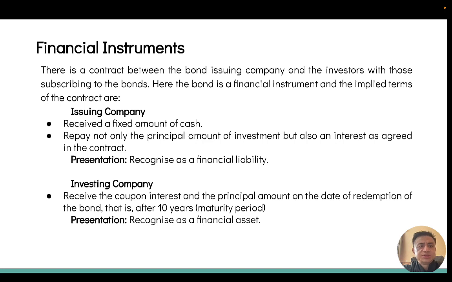What are the conditions of the contract? Here the bonds are a financial instrument, and the implied terms of the contract are: for the issuing company, when they issue bonds, they are going to receive a fixed amount of cash from the investors, and another condition for them is to repay the investors the principal amount of the bond along with the interest as agreed in the contract during the time of issue.